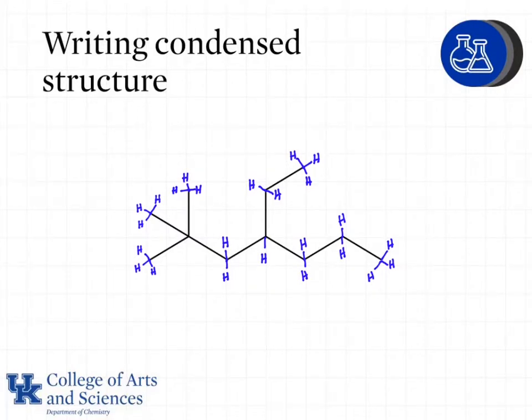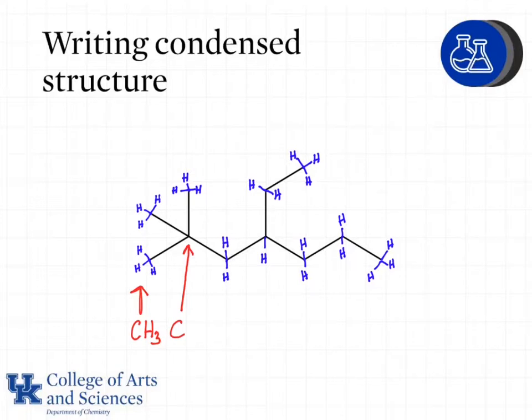Now we can go through and draw our condensed structure that would represent the same information that we see here in this skeletal structure. So we start with our first carbon and we get CH3. The next one is just C. There's no hydrogen because we don't have any hydrogen atoms attached to it. But then we see that we have two CH3 groups attached to it.